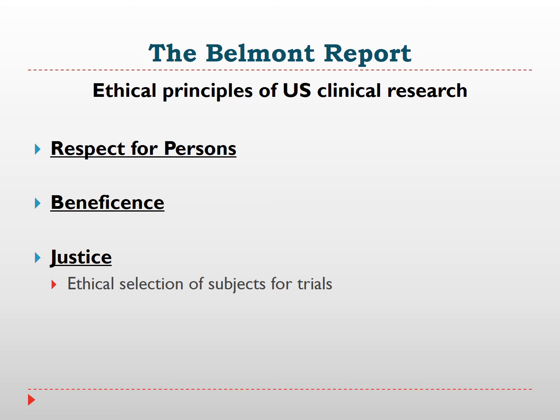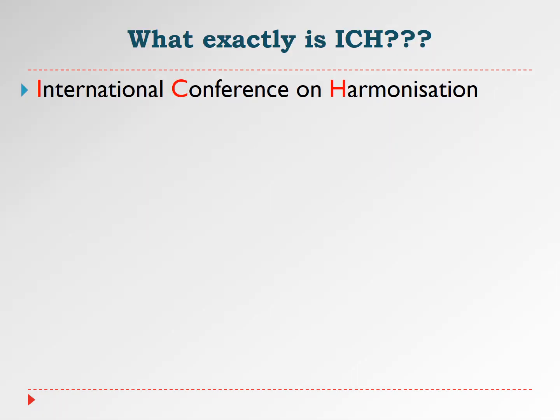So the Declaration of Helsinki and the Belmont Report are very important in this country for how we conduct clinical research, beyond the regulations. And now I'm going to hop into ICH. These three things are going to come into focus momentarily. It might seem like we're jumping around.